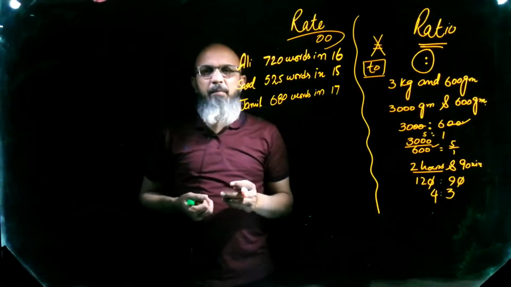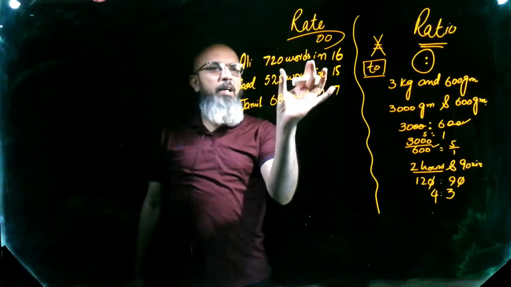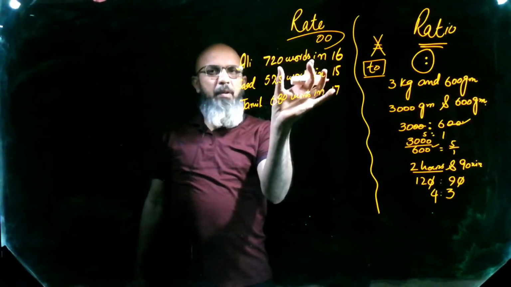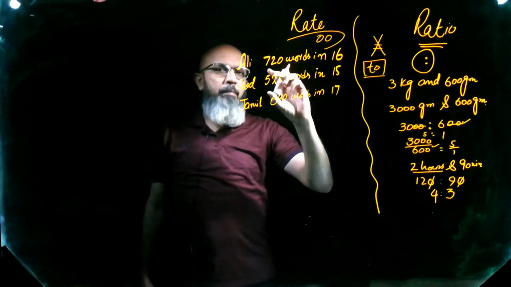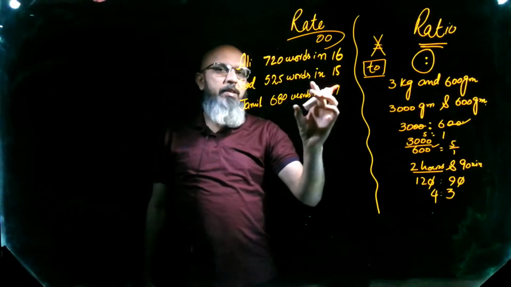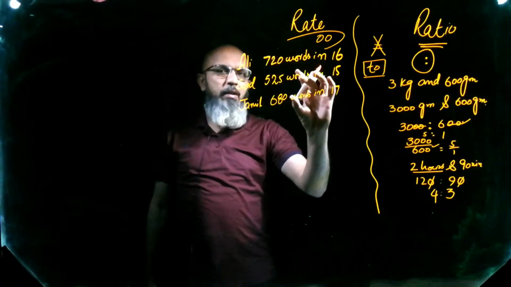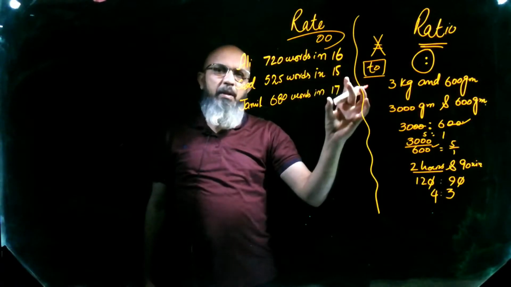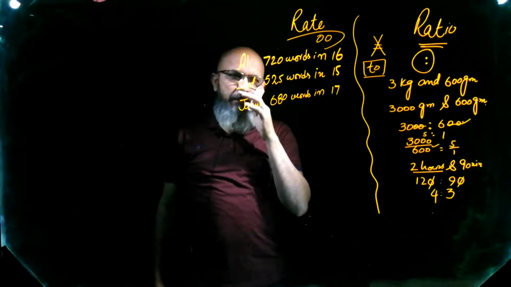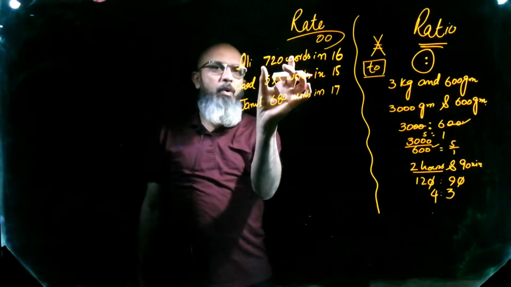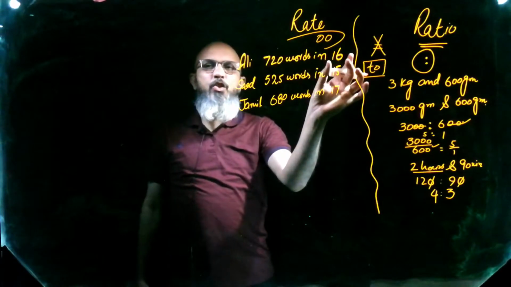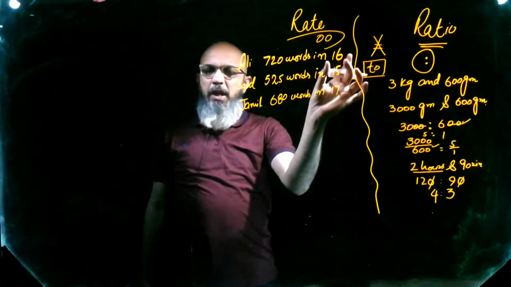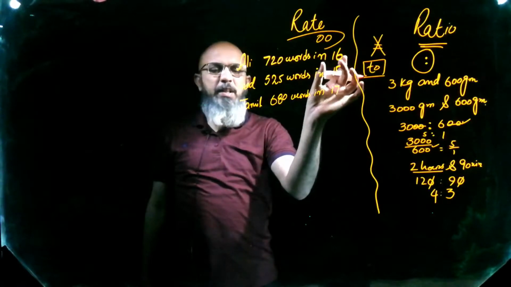How can you find it? We will find the rate of Ali: what is the rate of Ali typing words per minute? Similarly, what is the rate of Saad typing words per minute? Simply we divide the total number of words by the total time. Total time for Ali is 16 minutes.